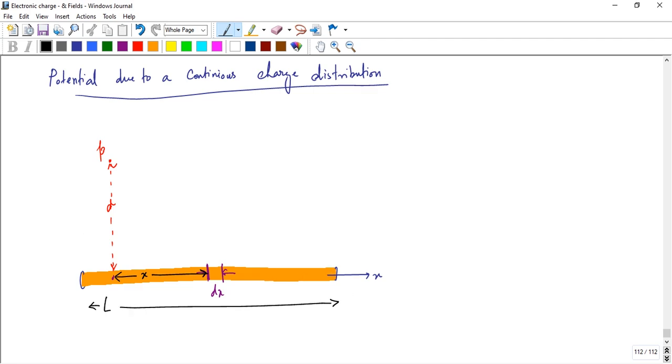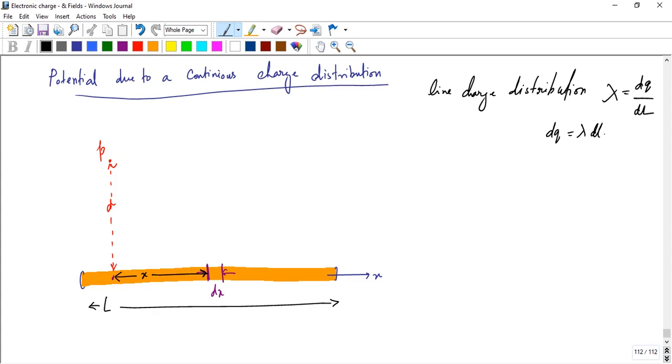For a line charge distribution, you know that lambda is equal to dq by dl, or dq equals lambda dl.